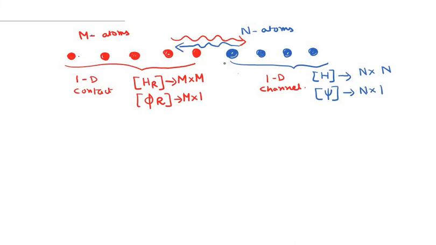Let us assume that this channel is a separate unit, and this contact is another separate unit. We are doing this similar to the case which we did for the 1D chain of atoms with dimer unit.